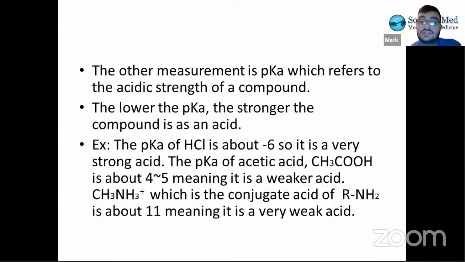CH3NH3+, which is the conjugate acid, like I mentioned, is the conjugate acid of a base. It has a pKa of about 11. The reason it's such a weak acid is because CH3NH2 is a relatively strong base. So relatively strong base, conjugate acid relatively weak. This conjugate acid has a pKa of about 11.